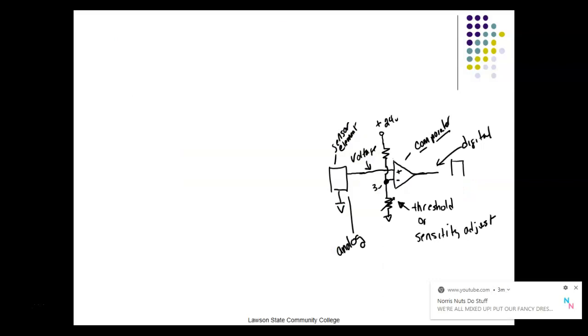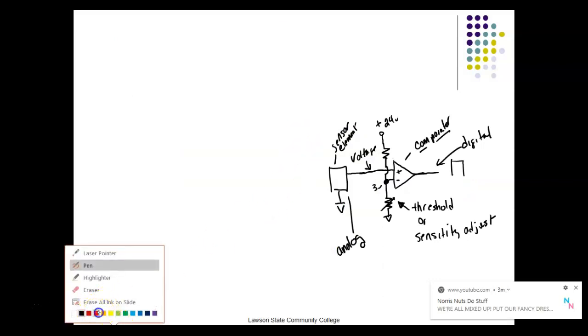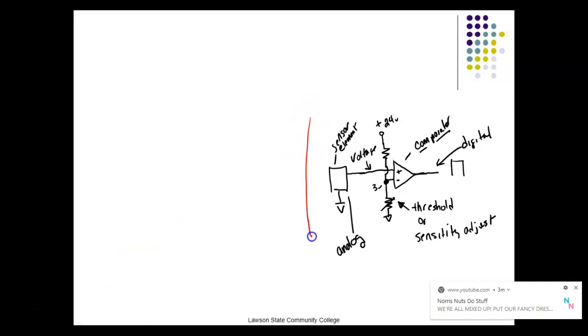All this would be inside our sensor, and then this would come out and feed my system. So this allows us to take an analog sensor and convert it into a digital output. Does that make sense?